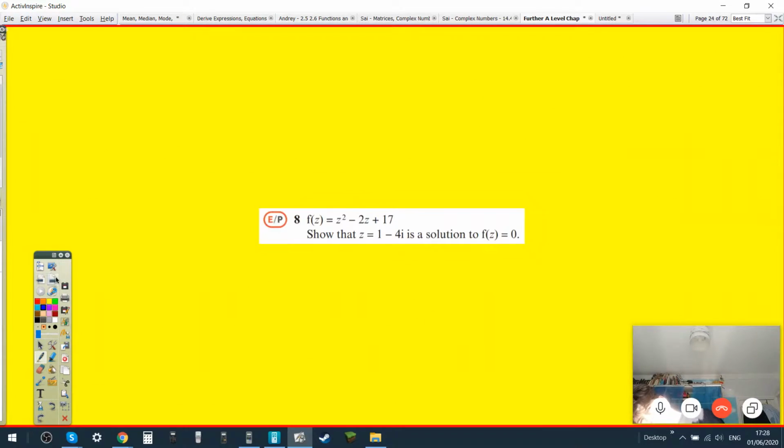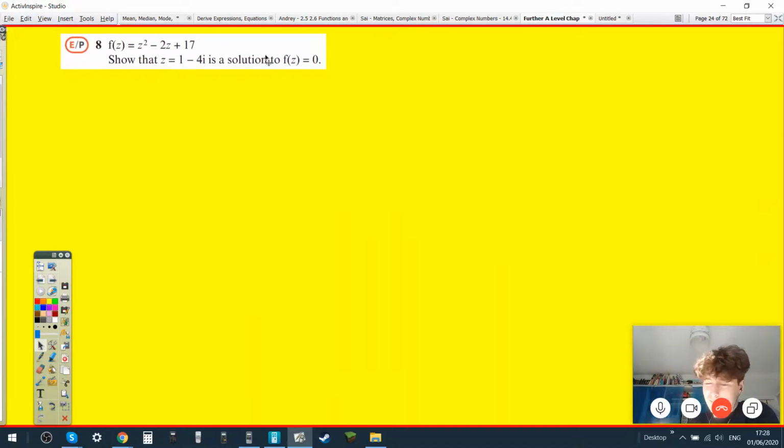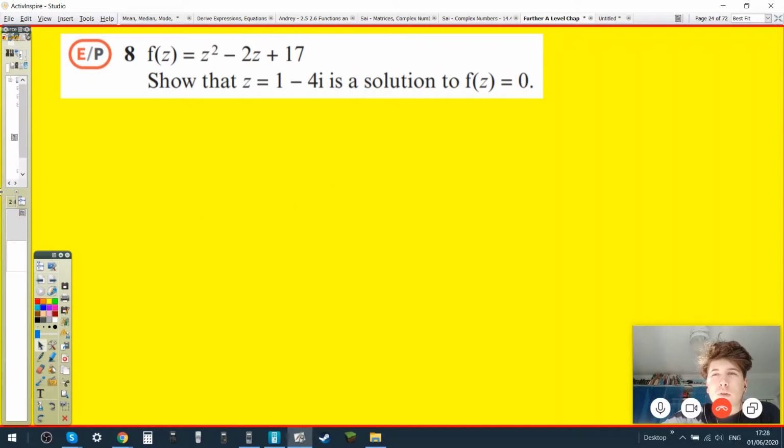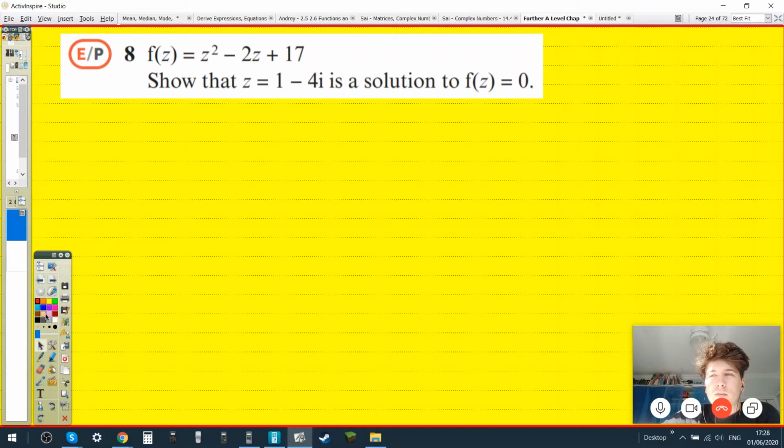Let's see. Okay, exam question. And what is this one? 1 minus 4i is a solution to this equation that equals 0.